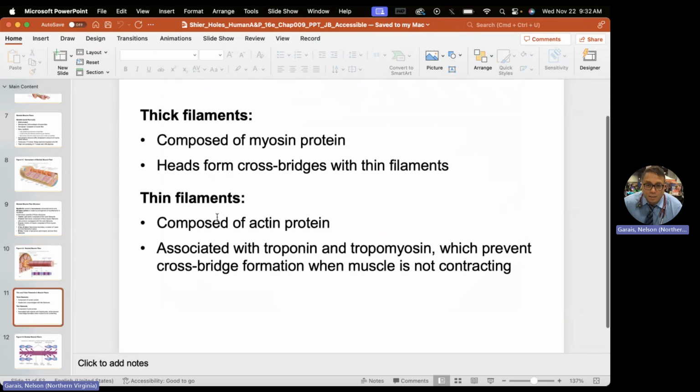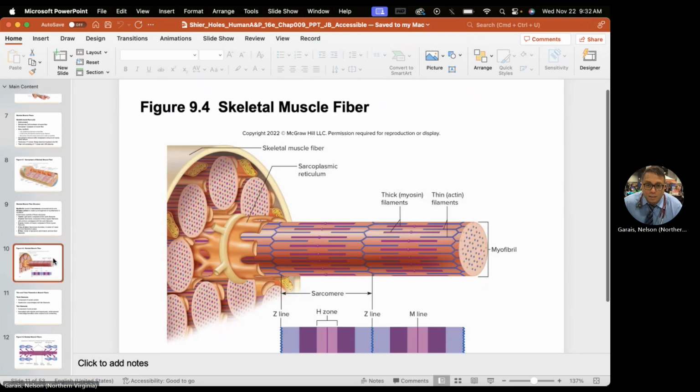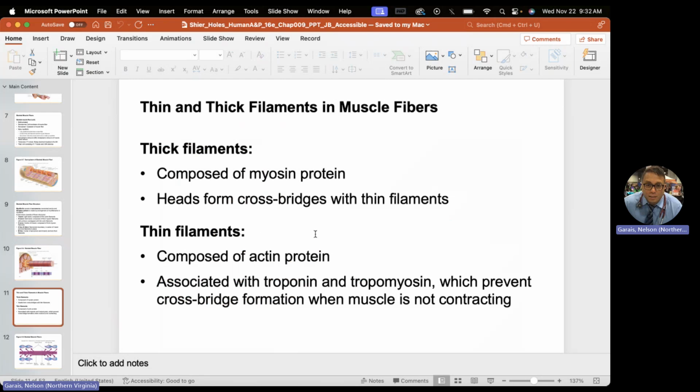But what you do need to know is that these things, the myofibrils, are made up of 2 sets of filaments. Now, remember the overall function of a muscle, it's to contract. These 2 filaments attach to each other and then pull upon each other, and then it shortens or contracts the muscle.